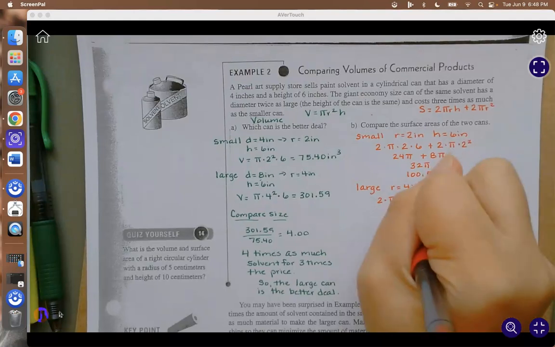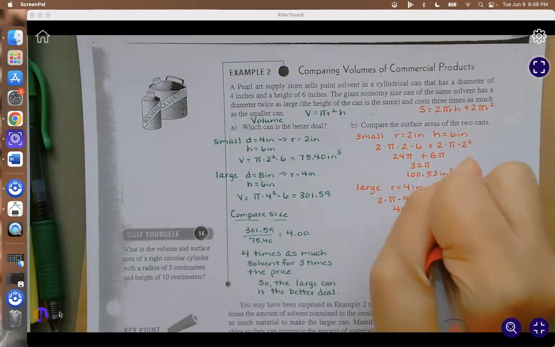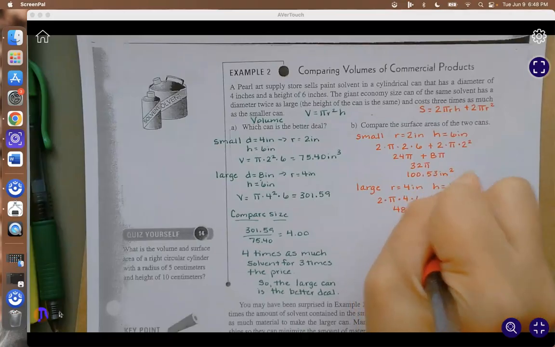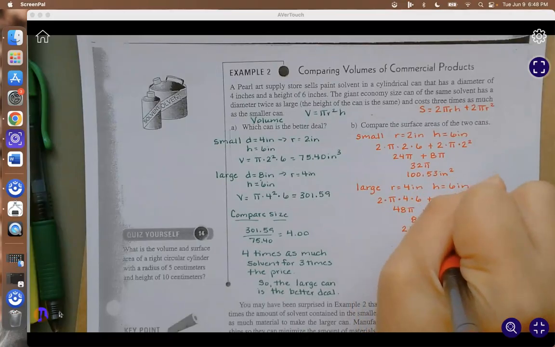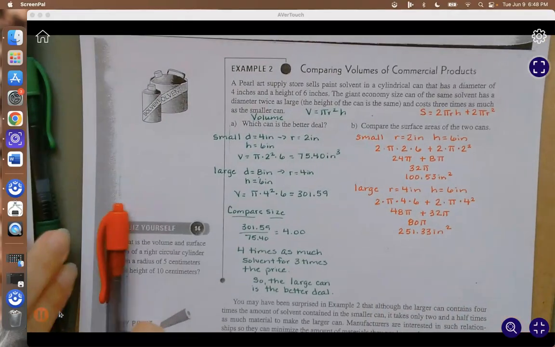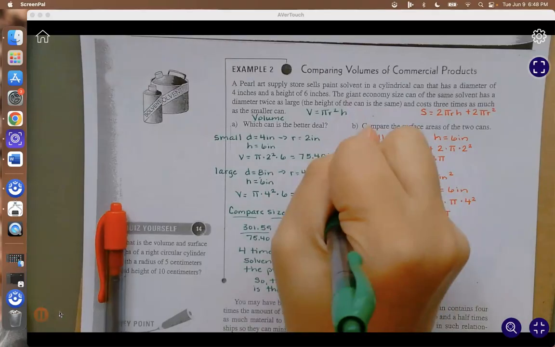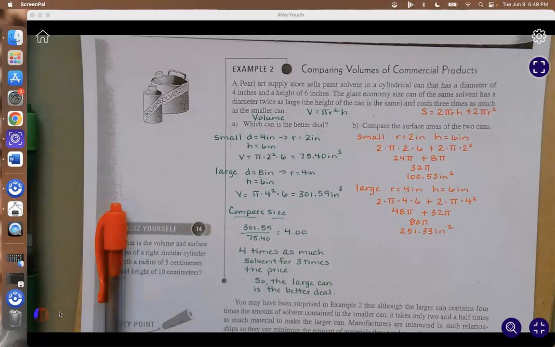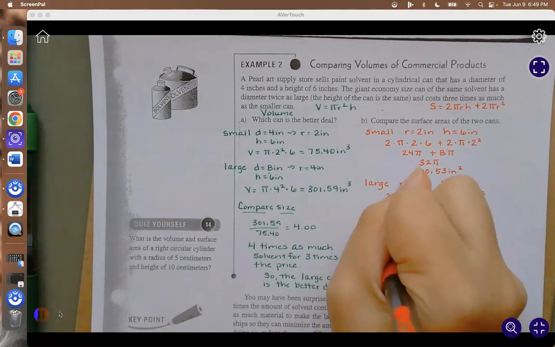Add those together, that's 80 pi, which is 251.33 square inches. Oops, and I left off cubic inches right there.